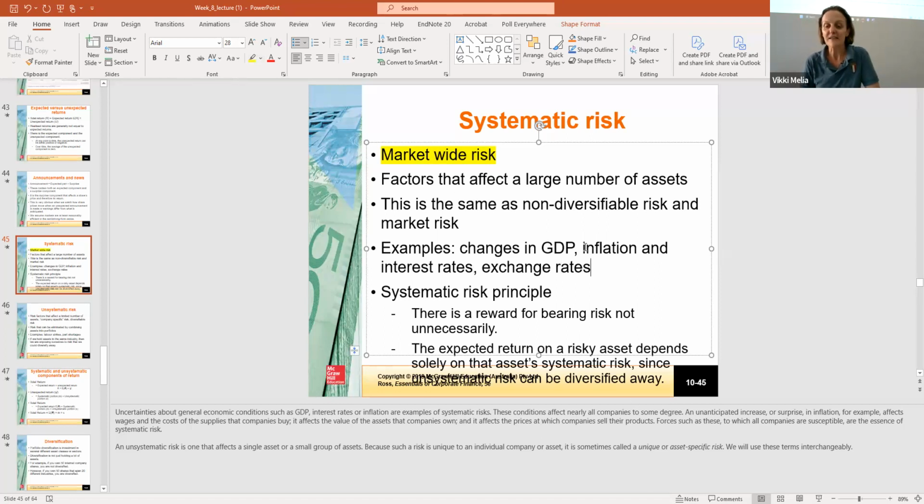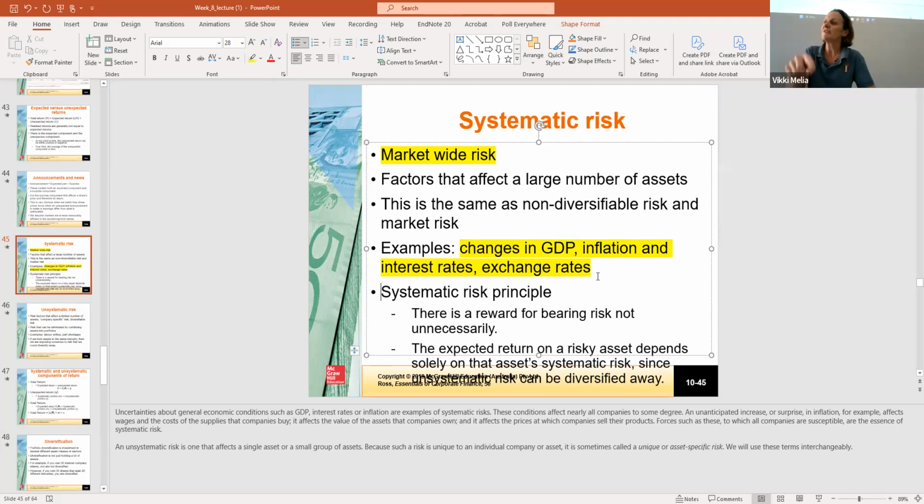These are factors that will affect most companies in the market. So changes in GDP, inflation, interest rates, and exchange rates are likely to have an impact on most companies. That's why I say they're market-wide factors, because they'll affect most companies.